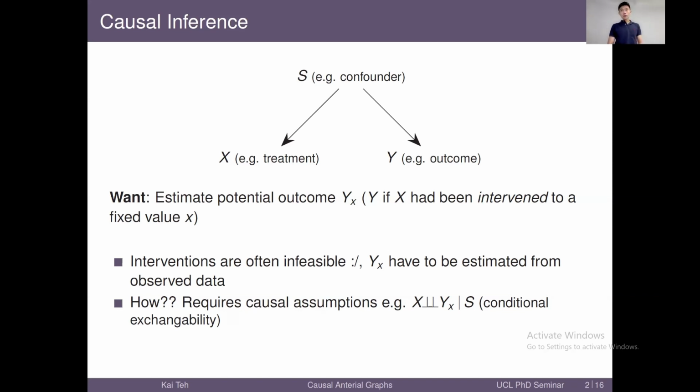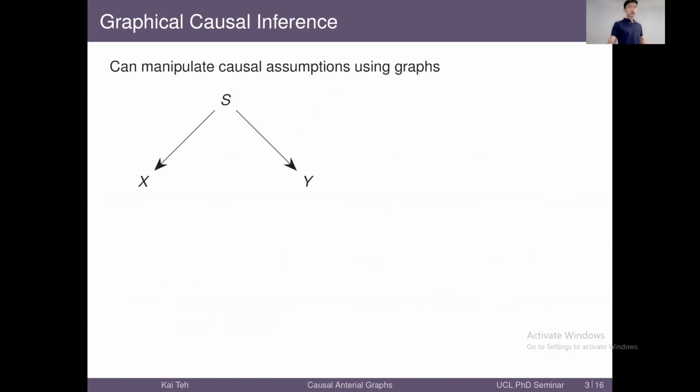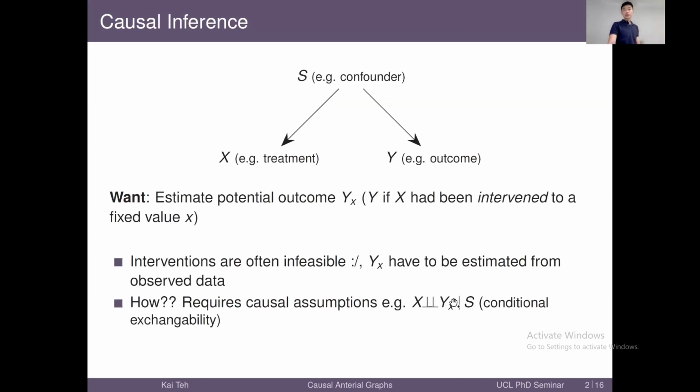All right. So we mentioned causal inference, at least an intro to it. So how does the graph come into the causal inference workflow? A graph allows us to encode these sorts of causal assumptions quite nicely. What do I mean by that? Well, here we have our causal graph structure from before. We can use this to manipulate causal assumptions to get this conditional exchangeability assumption out of it.